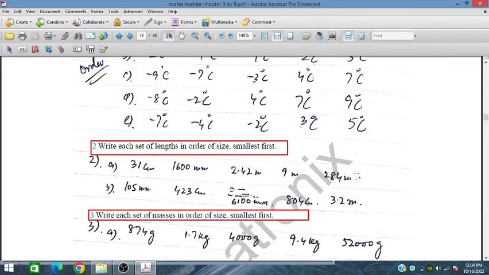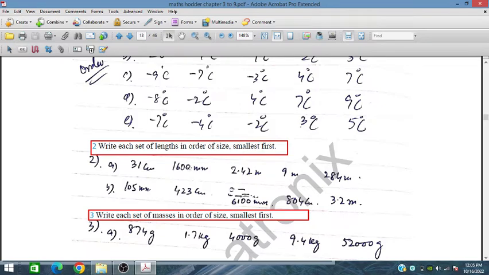Some numbers are in millimeters, centimeters, and so on. So we have to convert everything into millimeters or centimeters, or one unit, and then write them in a sequence. Here we have 31 centimeters, which is 0.31 meter.